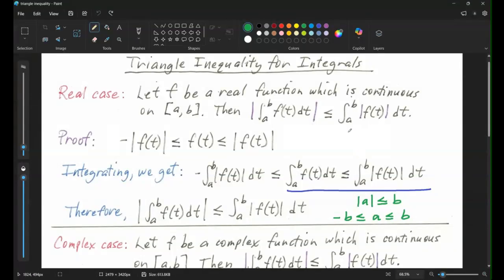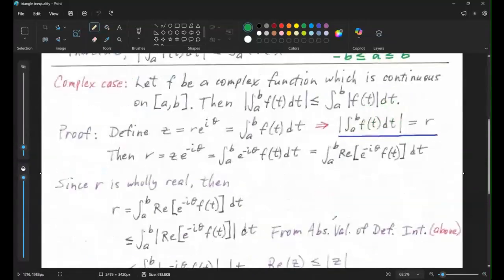For the complex case, I have this highlighted because we want to definitely remember in a minute that if you have an integral of a function, that's going to be less than or equal to the integral if you put the function in absolute value. Okay, the complex case, we're going to define things in the usual way. Z is a complex number, which can be expressed as this, and we're assuming our integral will be a complex number.